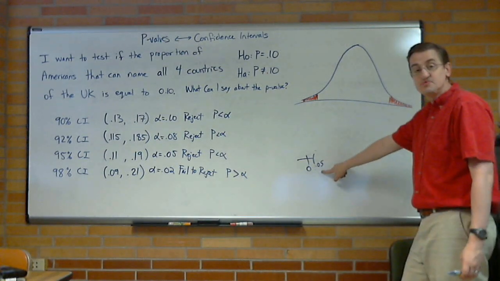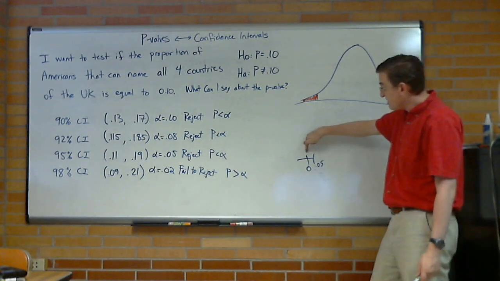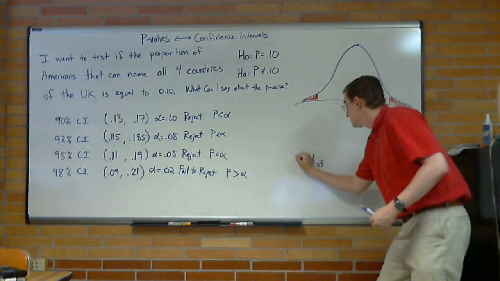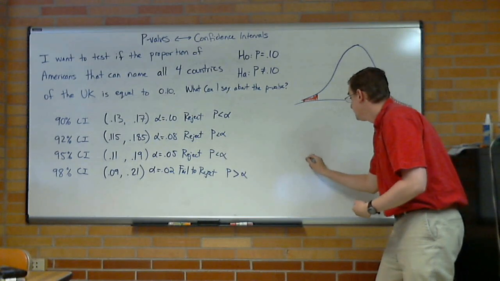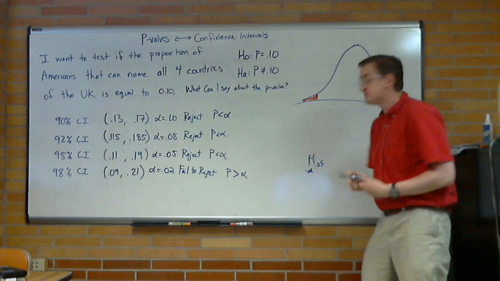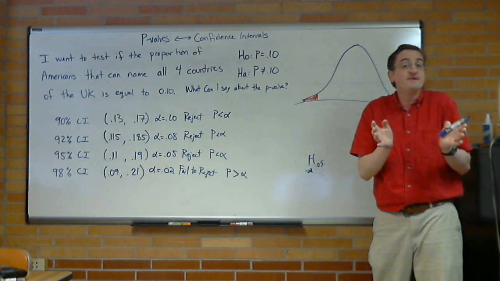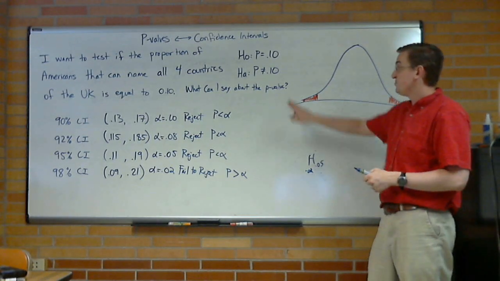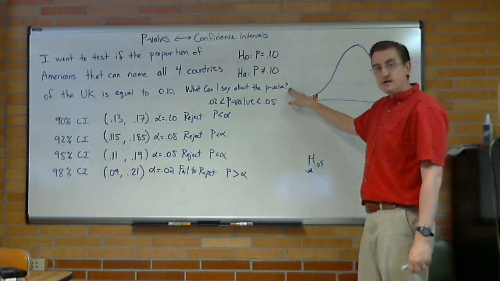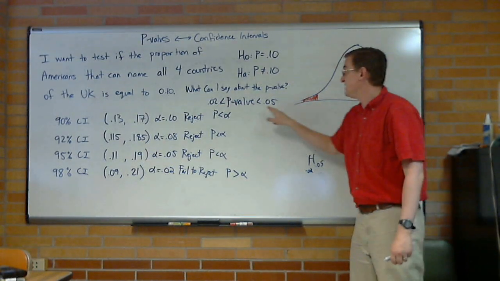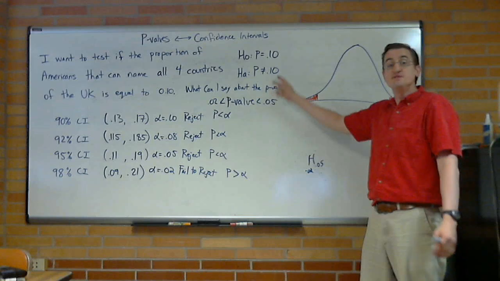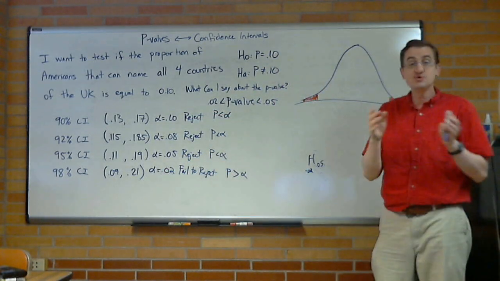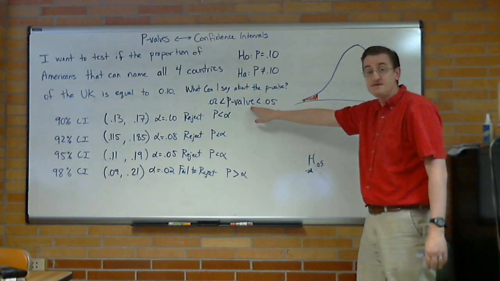That means I can zoom in more, but I'm going to zoom in now on the 0 side because I know that my p-value is bigger than 2%. So it's somewhere between this 2% and this 5%. So can I say what the p-value is to 4 decimal places? No, but I can tell you a range. What can I say about the p-value? I can say the p-value is between 2 and 5%. So even though I did not do a hypothesis test, I did confidence intervals. I can use those confidence intervals to tell me something about the p-value.